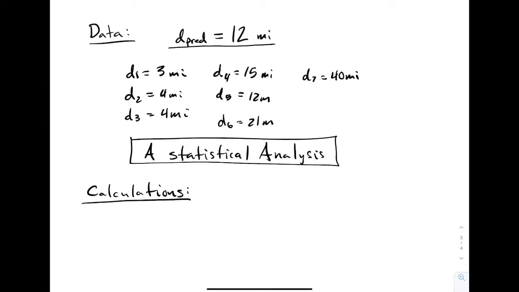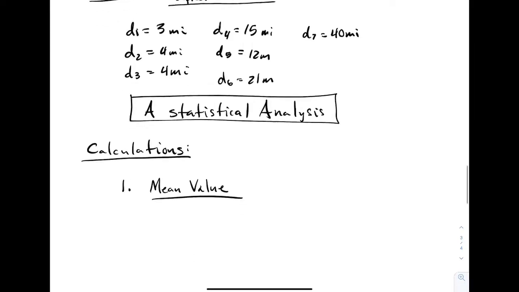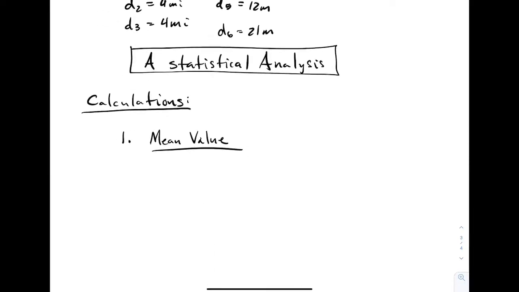So in these calculations, we're going to have the first being the mean value. And so we're going to get the mean value. The way we're going to do this is just like we do in our example problems from class, and that is we're going to do the general form first.